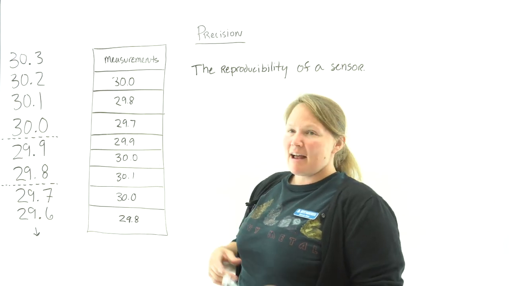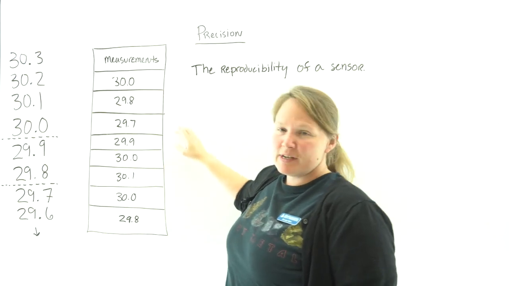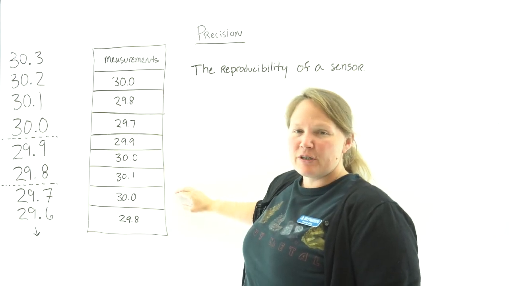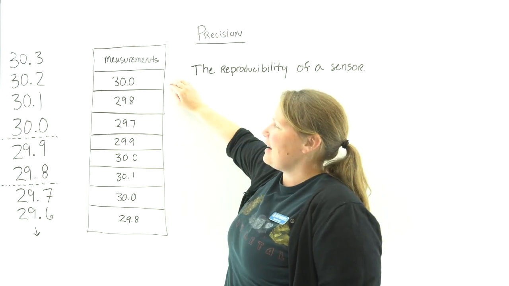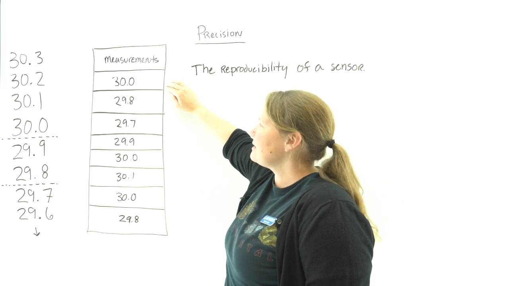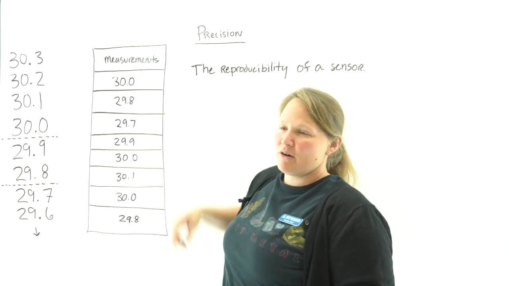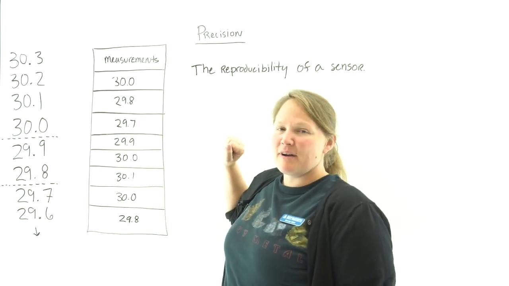If I had a barometric pressure sensor and I were measuring the pressure outside right now, and I bring it out there, read it, and I read 30.0 inches of mercury. Then I come back in and write it down.